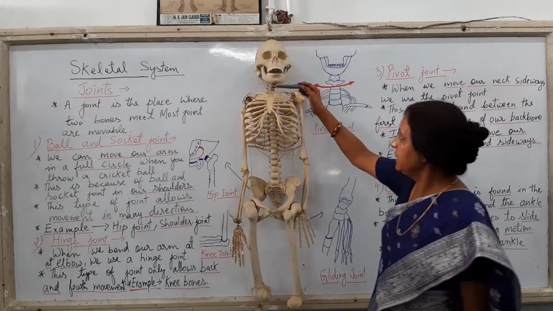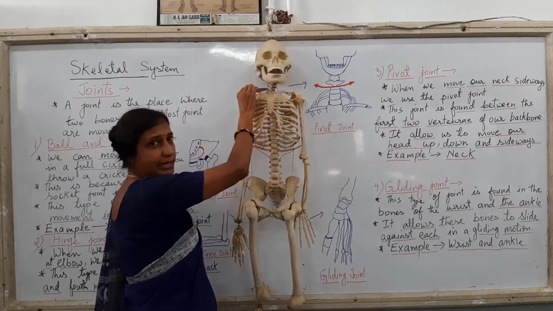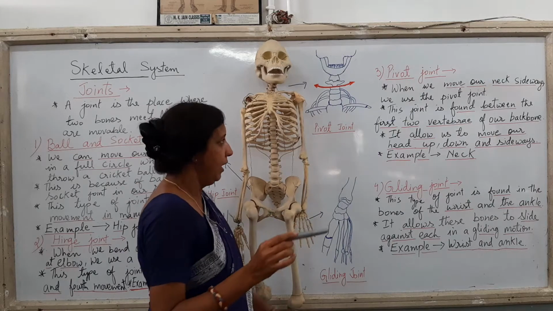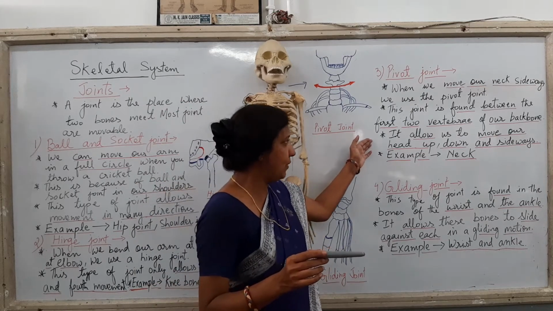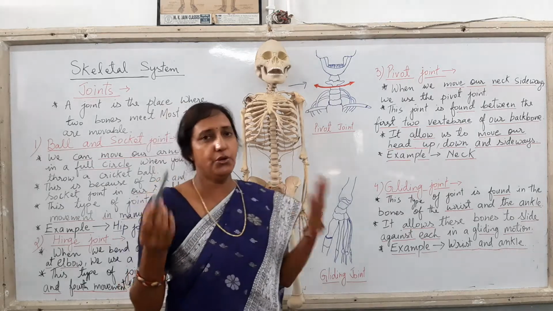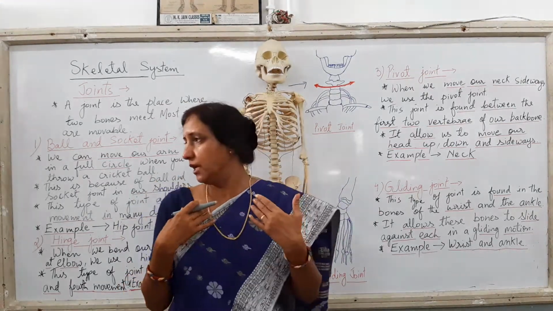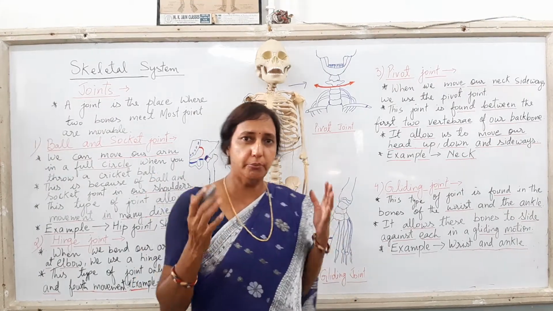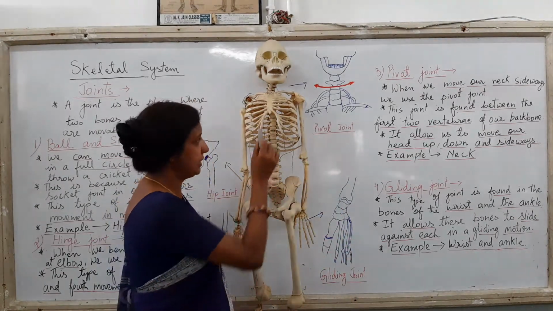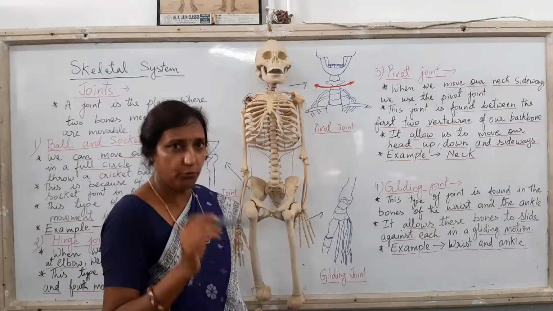First two vertebrae are here, children. It is located here, the pivot joint. It allows us to move our head up, down and sideways. So children, your head moves up, down and sideways due to the pivot joint present in your skeletal system. Because of this, you are able to do this kind of movement.